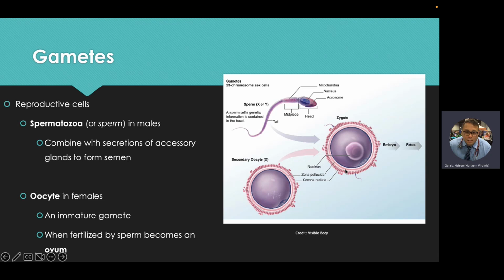If you look at the ovum, it has 2 distinct layers. The outer layer is your corona radiata, and that's why your sperm need enzymes to break through the corona radiata, and those enzymes are located in the acrosome or the head of the sperm.